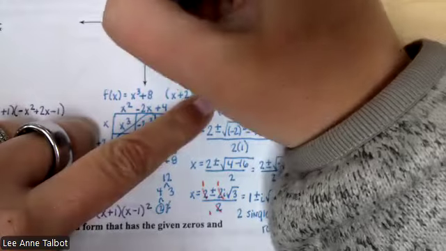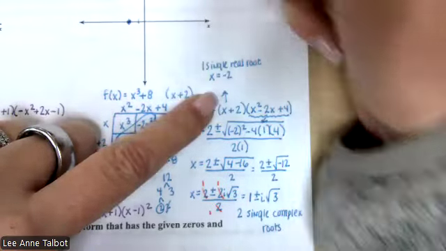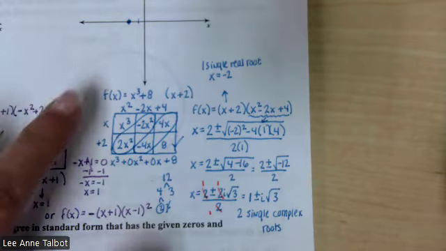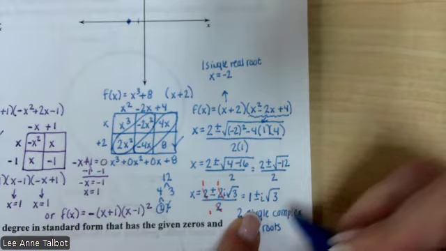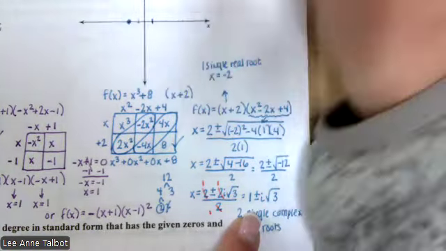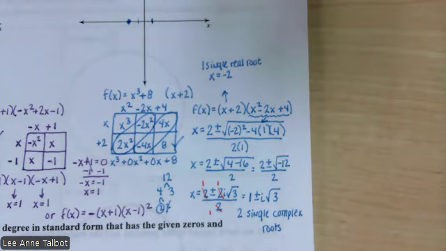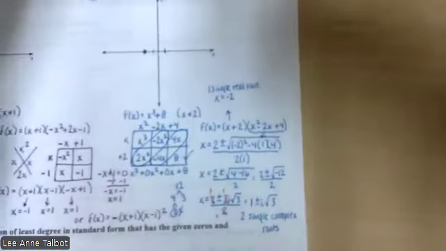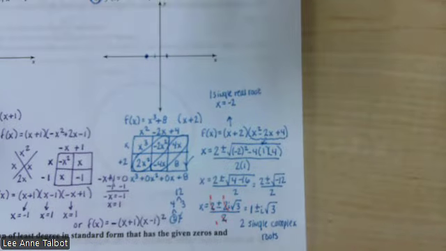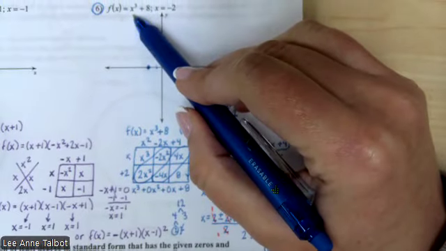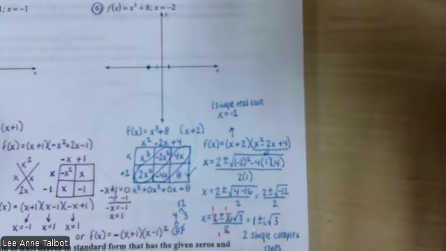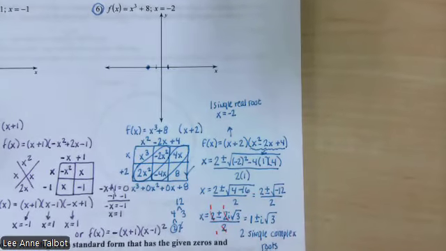So first of all, we have a single root at -2. So I'm gonna go to -2 and make my dot there. And then I use the average of the roots, which is 1, the number in front, and I don't make a dot, I just make a tick mark. Okay, then I say to myself, self, is there a positive or negative a value? Positive, which means that I'm going to come from the top or the bottom.